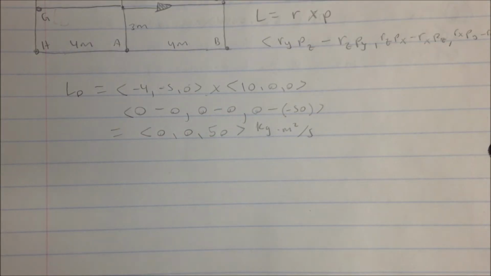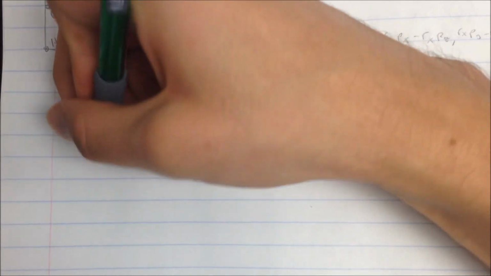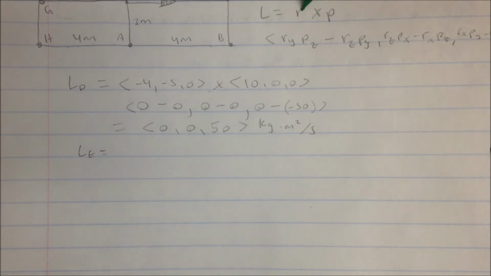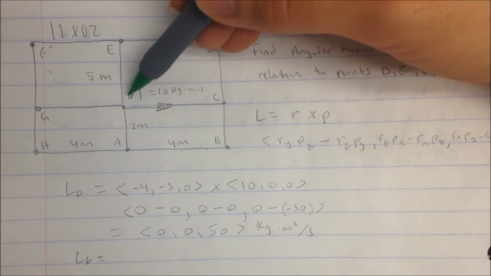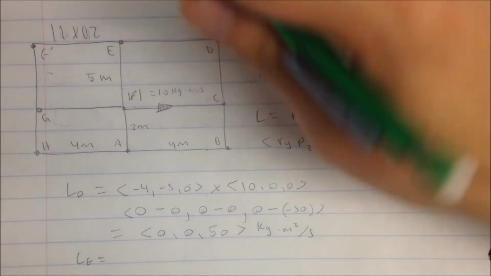Now we have to do the same thing for point E. So at LE, the distance from point E to the particle is just a +5 in the y direction.